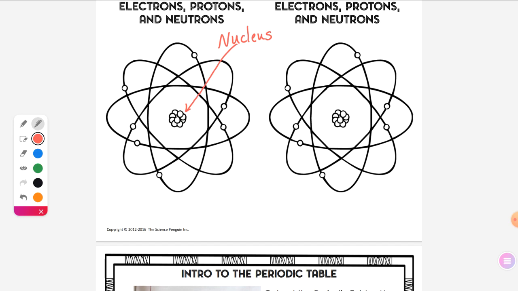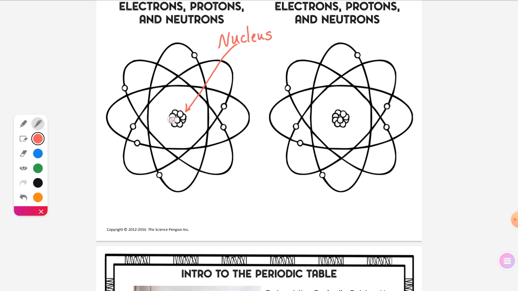Okay, I want you to pick up your red pencil or red pen and color in, let's see, how many are in there? 1, 2.